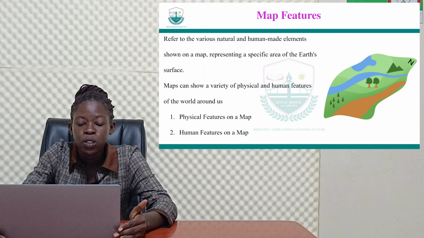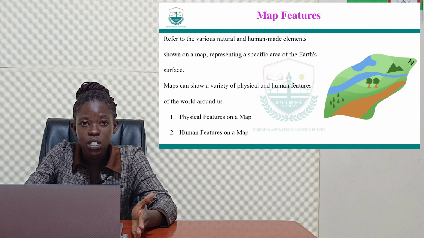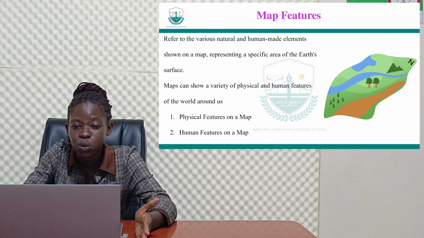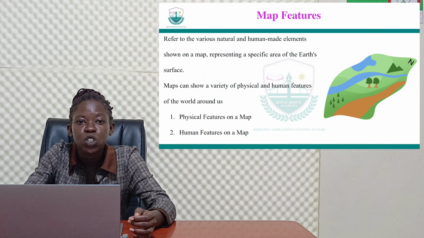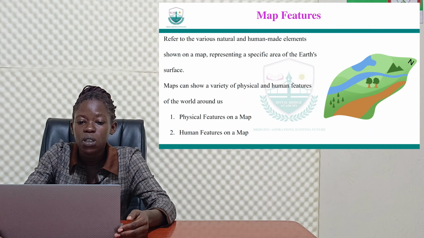Okay, so we see that in map features, there are different categories, different kinds of map features, depending even on the explanation and the clarification that I've given.